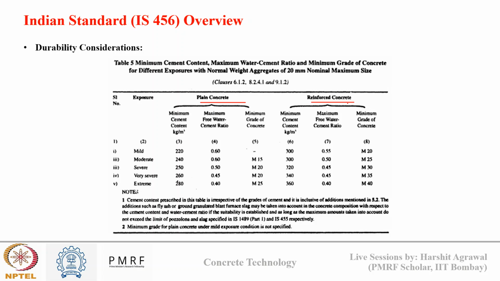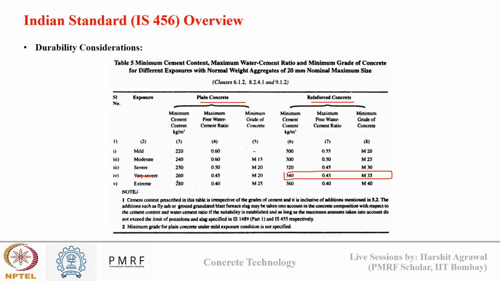So for example, suppose I am talking about constructing a residential building near a shoreline, where my concrete will be exposed to seawater spray. Now since seawater is rich in chloride, as per table 3, my structure will come in an exposure class which is very severe. And for very severe exposure and for reinforced concrete, I have these limits that have been specified by IS 456.